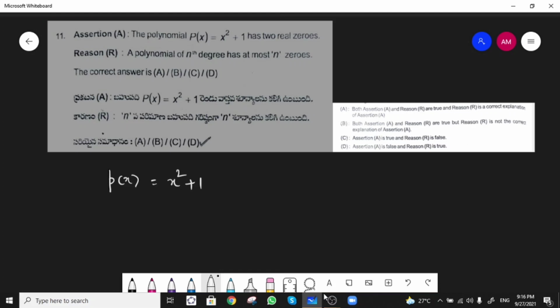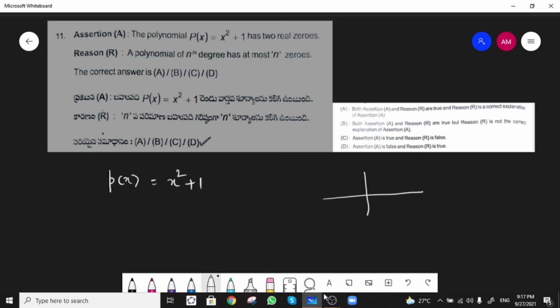x square is always positive, 1 is positive. So p of x can never be 0 for any real value of x. If we draw the graph of this, since the x square coefficient is 1, it is positive, so it should open upwards.